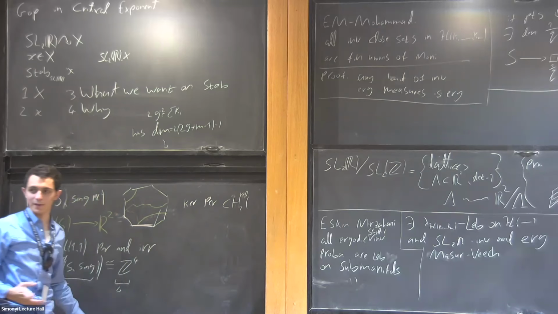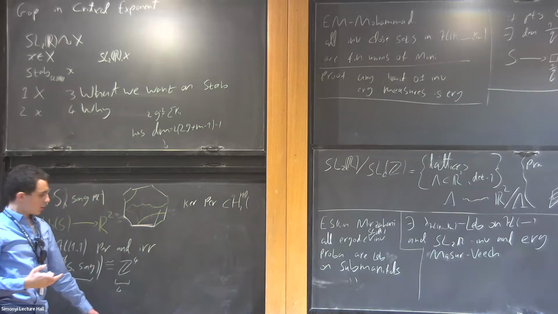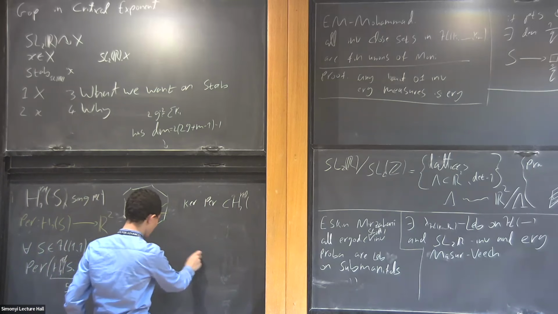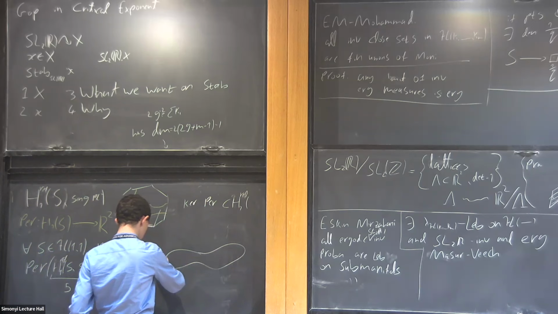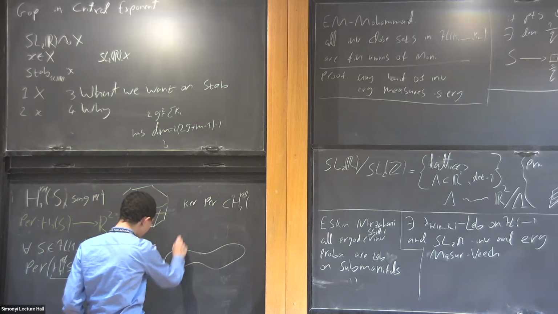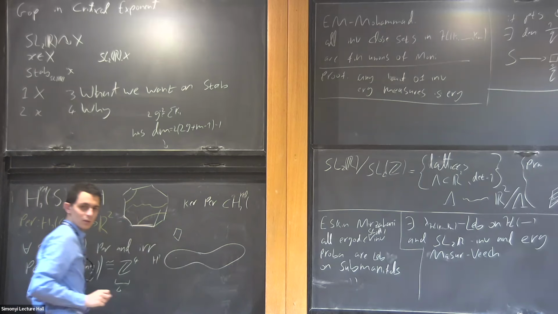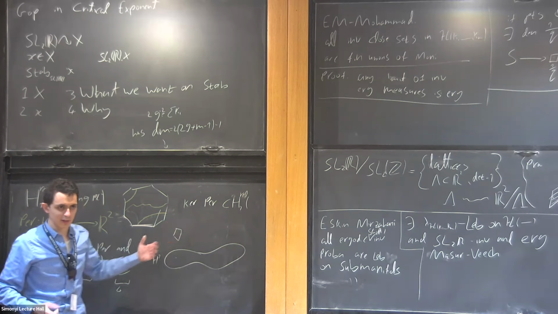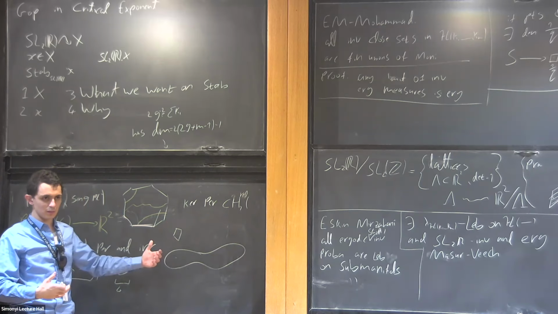Now we have our space H1, and above every point we considered this relative homology, and you got a rank 5 bundle.